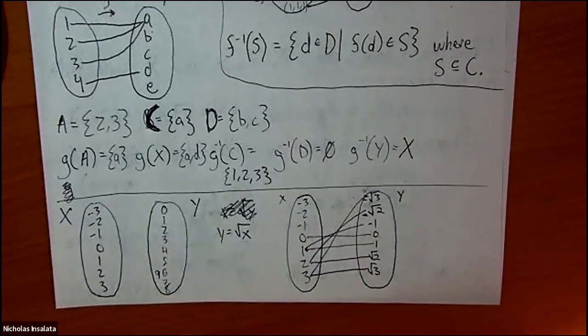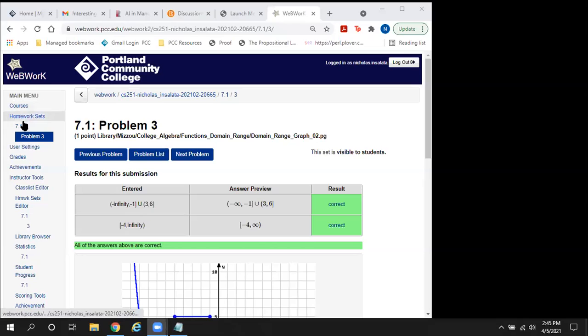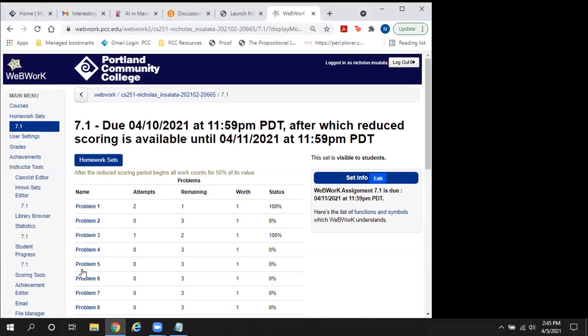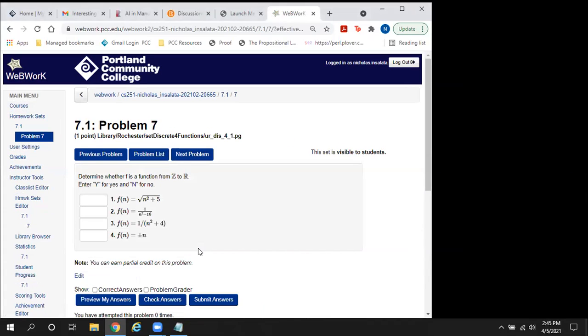Let me see. I wrote it down here. 7.1.7. I think sometimes the notation with this gets kind of sloppy. It said that the square root of something was a function, and I think it meant that when it didn't put the plus minus in front of it. It says that number 1 is a function.